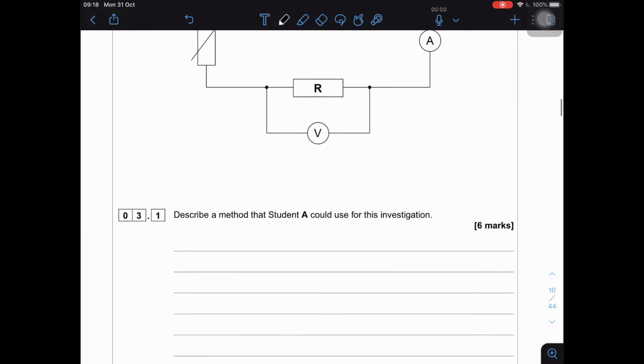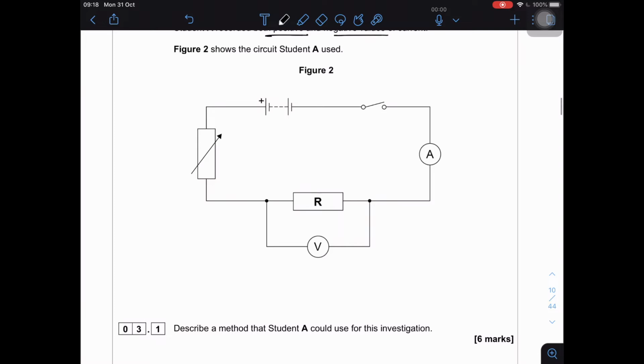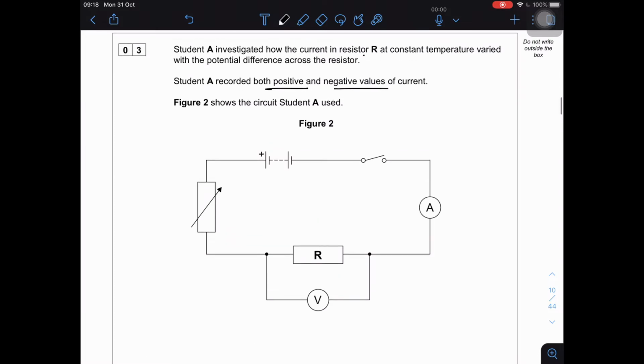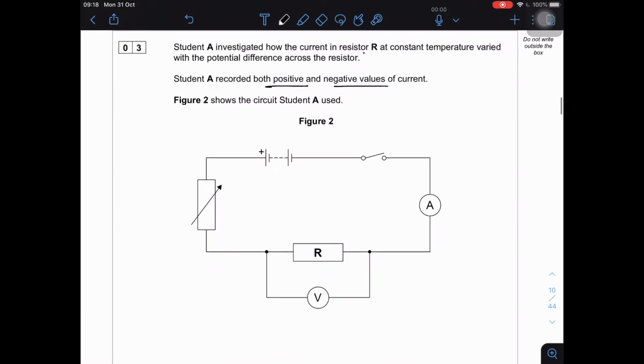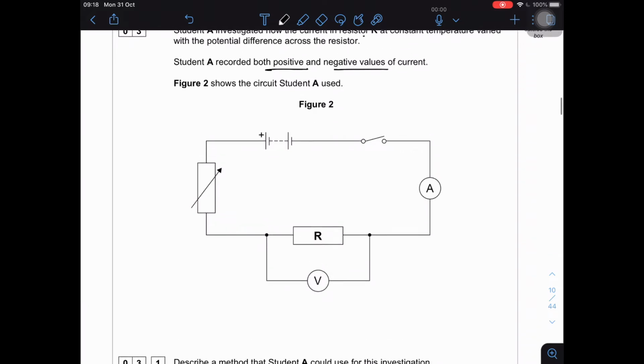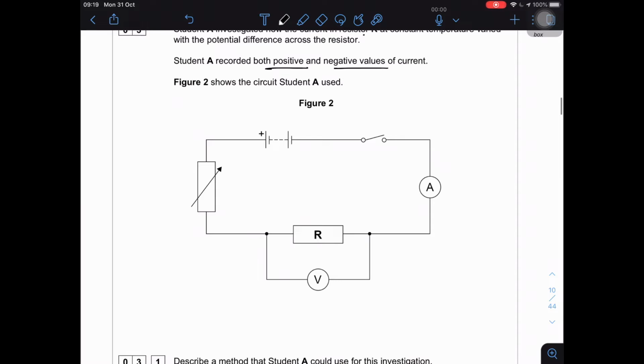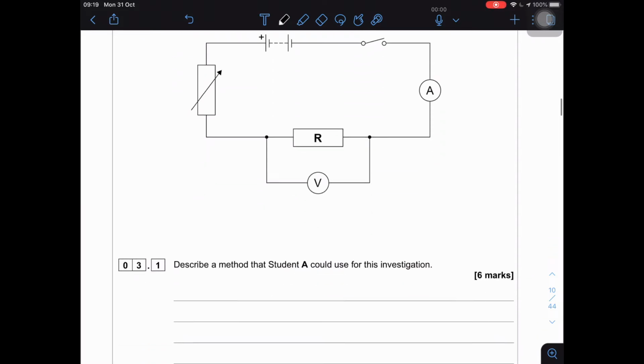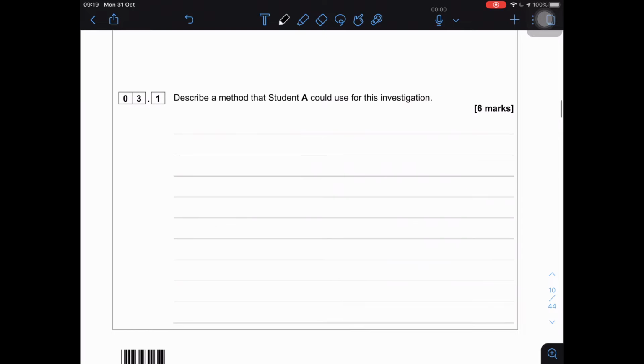So essentially you need to write a method for this question. This will usually be asked in every GCSE paper, where you will be asked to write a method. The key aspect of a method is that all the steps are logically sequenced.